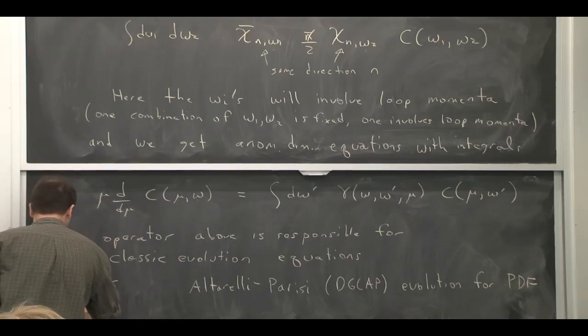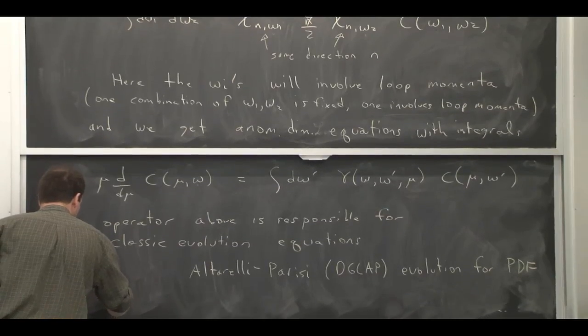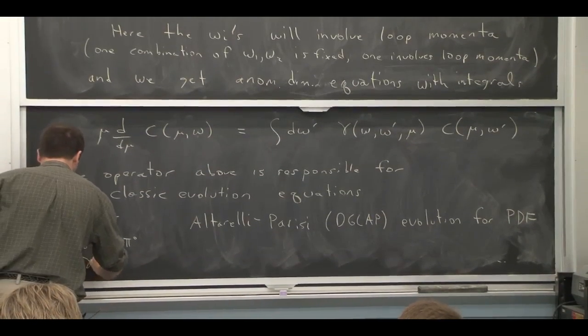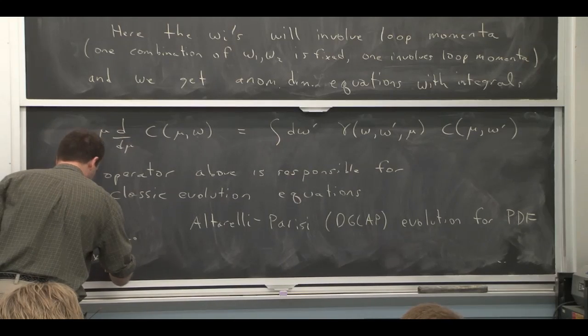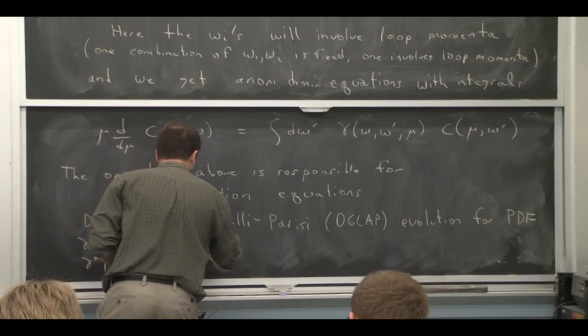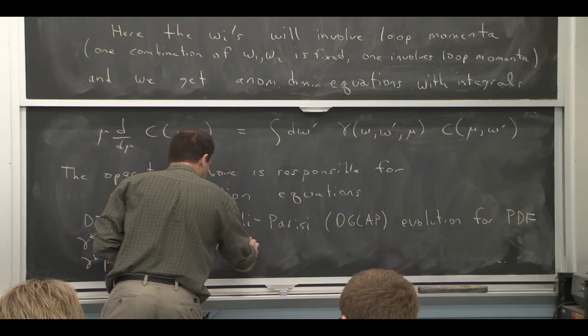There are other processes, some of which we may talk about later on, that are also encoded in this same type of operator, a different projection of it. One of them leads to something called the Brodsky-Lepage equation.